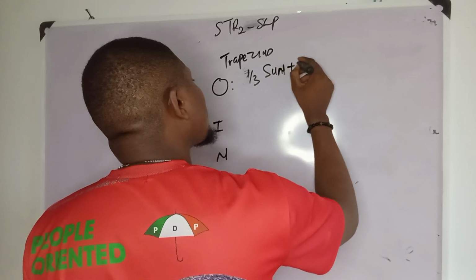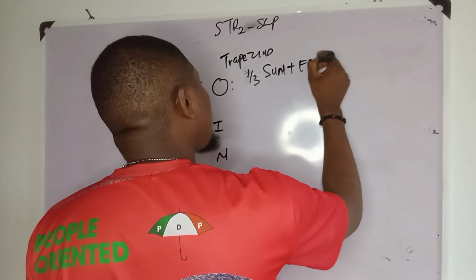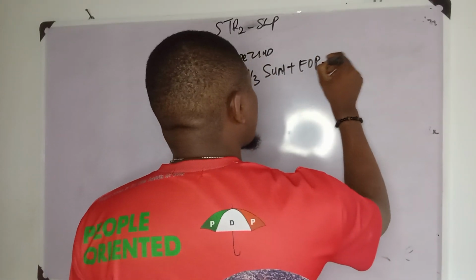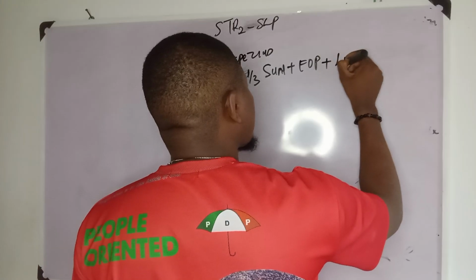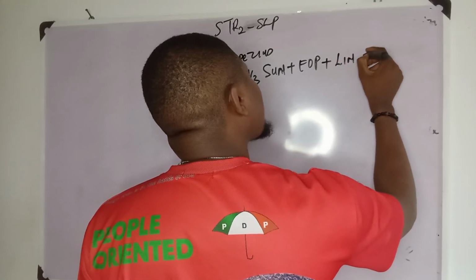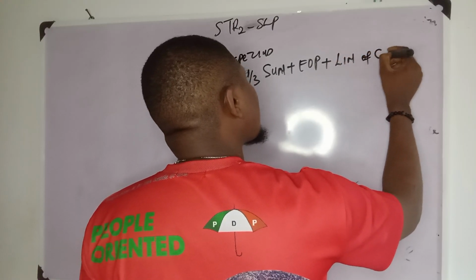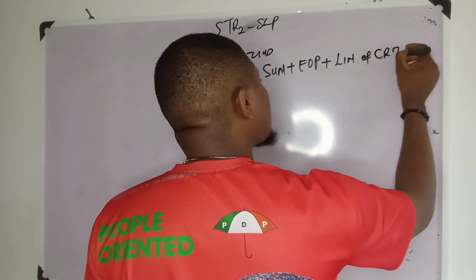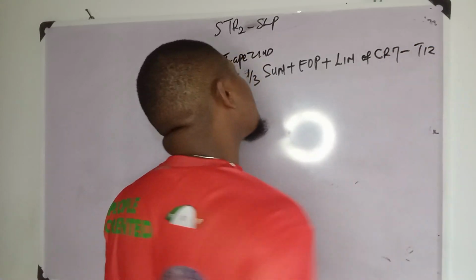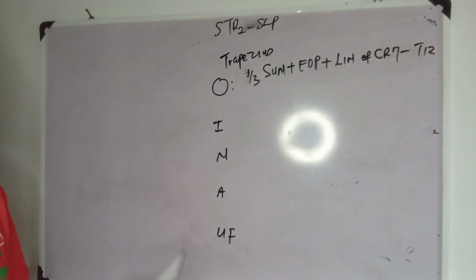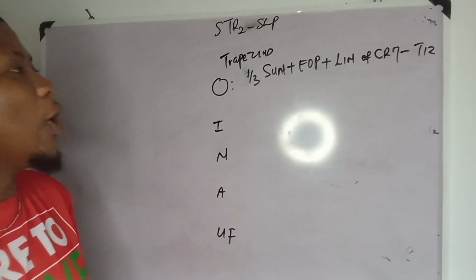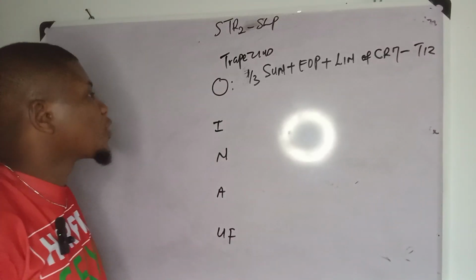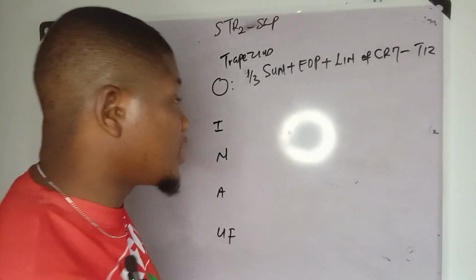One third SON plus EOP plus line of C Ronaldo till T12. One third SON plus EOP plus line of C Ronaldo till T12.